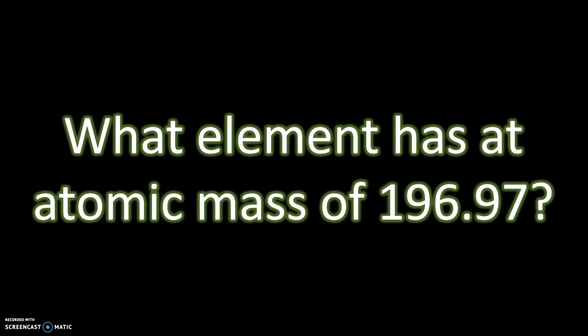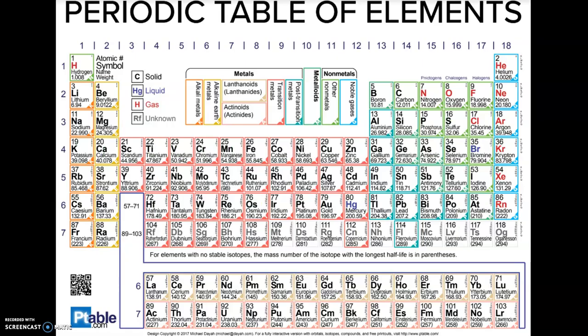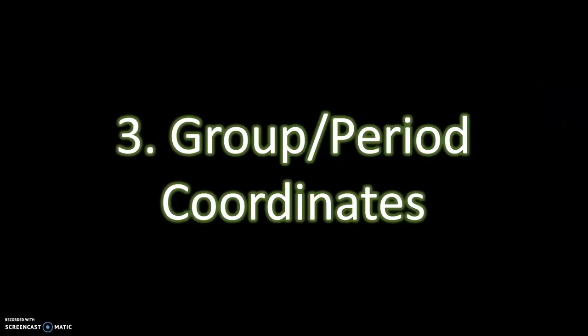Another example, what element has an atomic mass of 196.97? Again, they go in order. So you come down here to where we're at about 190s, and we come down here to 196.97, and that is gold.